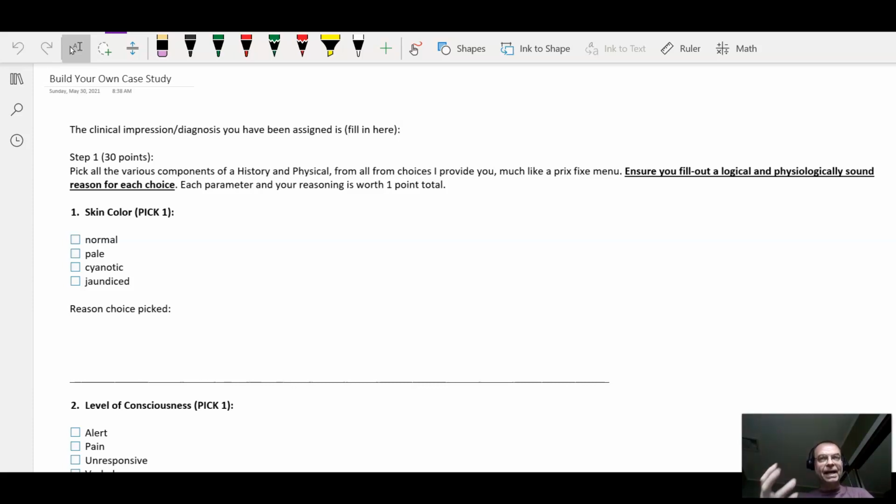Students know that they have a final diagnosis. So for example, for skin color, they have to pick what skin color their patient exhibits, and they have to give a reason that choice is picked.